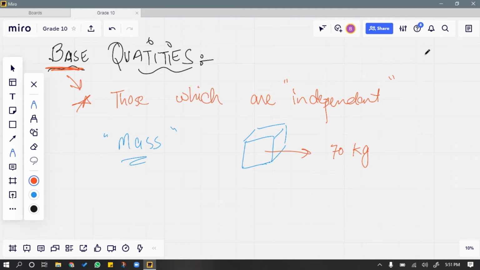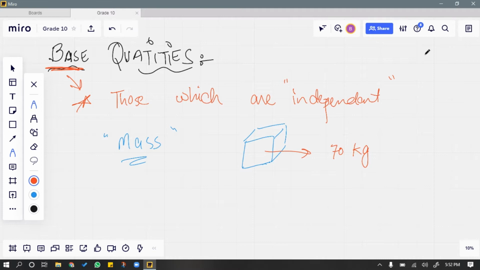Mass is the whole amount of matter present inside any body, whether it's a box, a human body, a wooden block, or a metallic box, whatever the thing is. Mass is matter itself. It doesn't need time or force to explain itself.